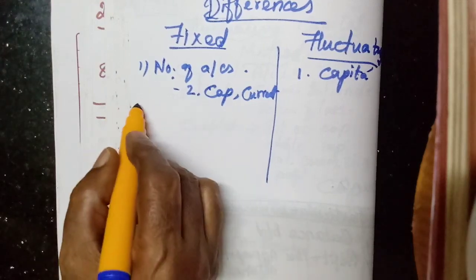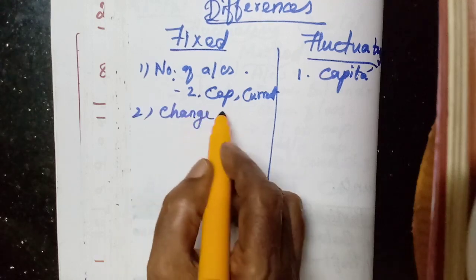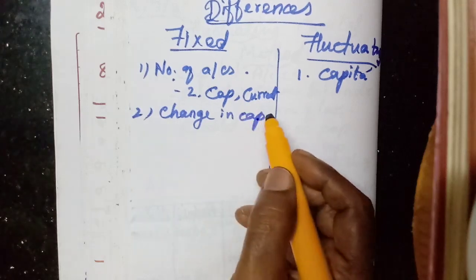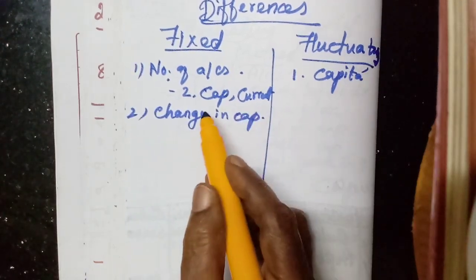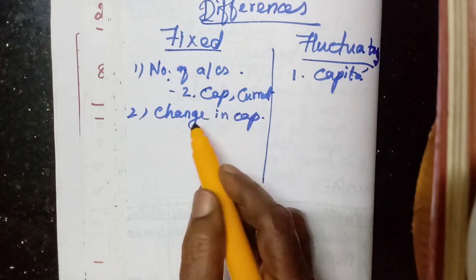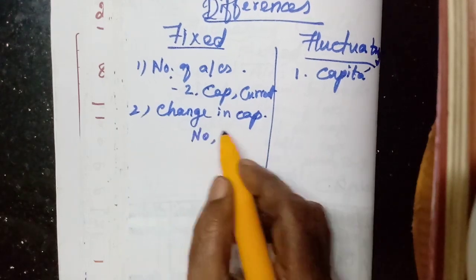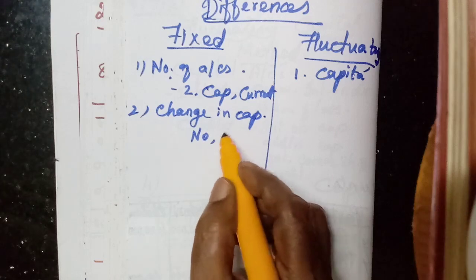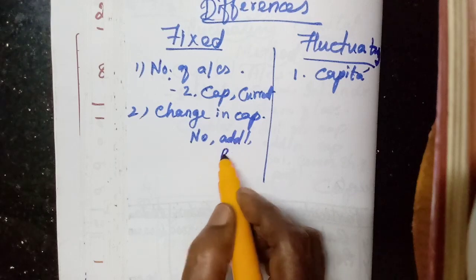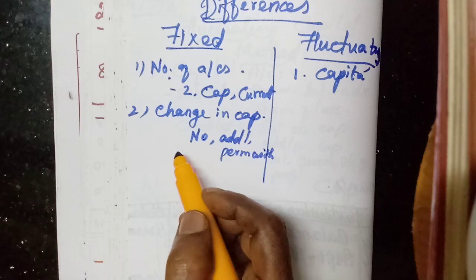Okay, then second difference, change in capital. Here in the fixed capital method, the amount of capital usually it will not change. Okay, no change. But if there is additional capital and permanent withdrawal, then there will be a little change in the capital.